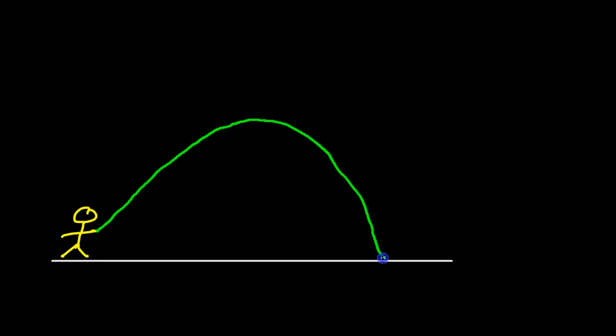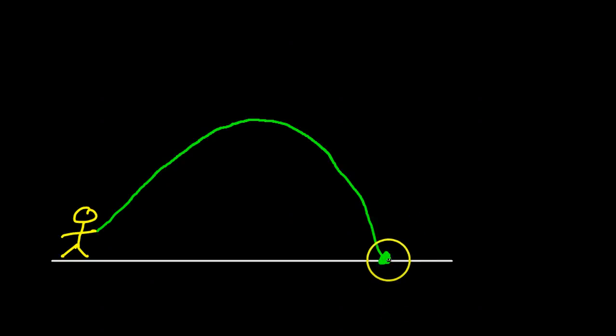Okay, so here's person A, and they throw this object, the shot put, and it follows this path. It goes up, comes down. We're trying to find out how far it went. So if I'm talking about the total distance, I'm talking about the distance until it hits the ground.